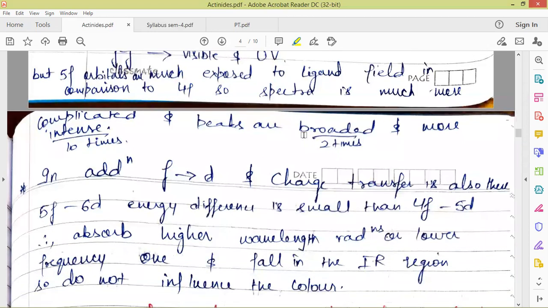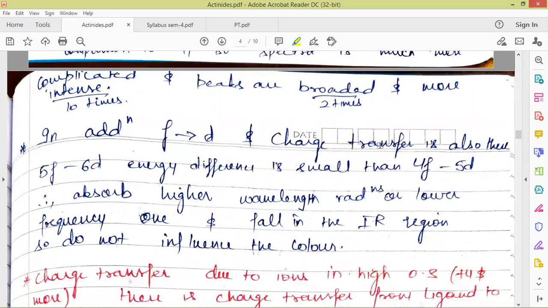In addition, there are f-d transitions also, and charge transfer is also there. But for the f-d transition, as the energy gap between 5f and 6d is less in comparison to the energy gap between 4f and 5d, due to this decrease in energy gap, the wavelength of this energy gap does not lie in the visible region.